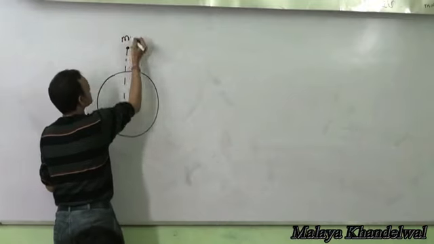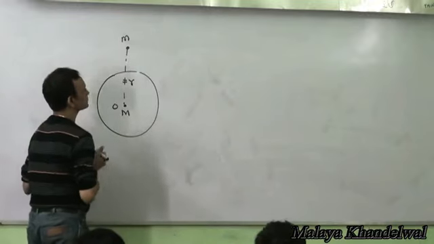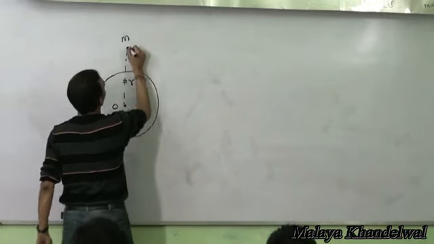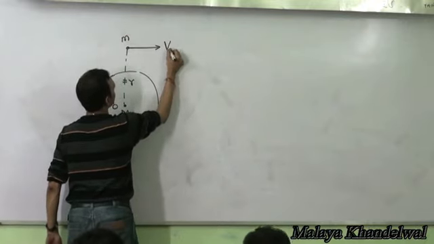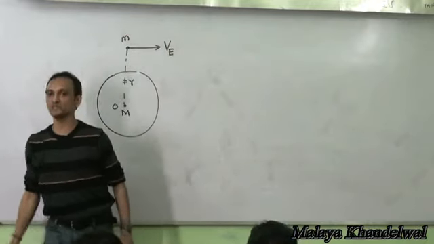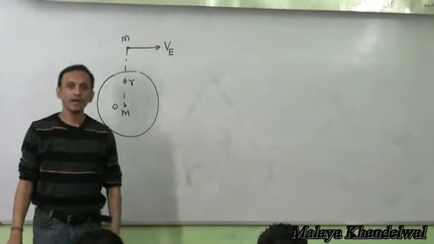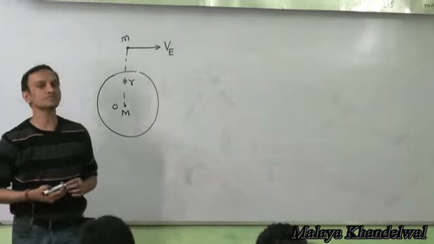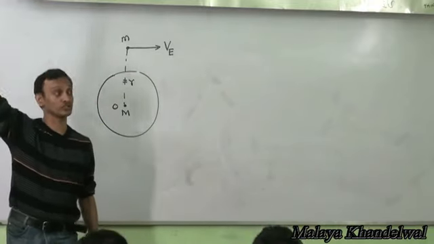Now, there's a mass small m at a distance r from the center of the earth. I impart a certain velocity Ve to the body, and this velocity is imparted such that the particle escapes the gravitational field of the earth.